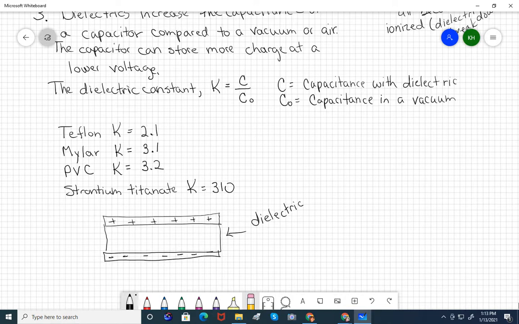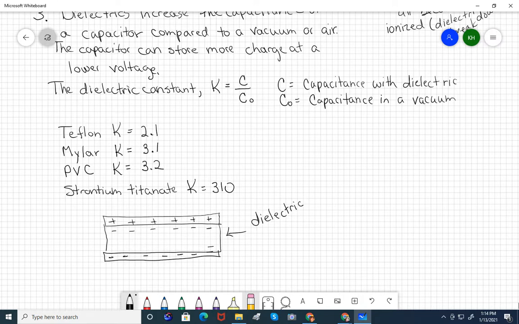The charge in the dielectric, now remember, the dielectric is essentially an insulator, but it doesn't mean it won't have some slight charge motion. What's going to happen is there will be some negative charge on the dielectric that will move towards the positive side. And on this side, the molecules will shift enough.